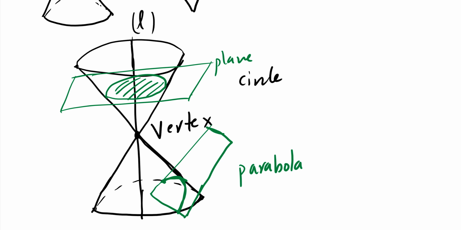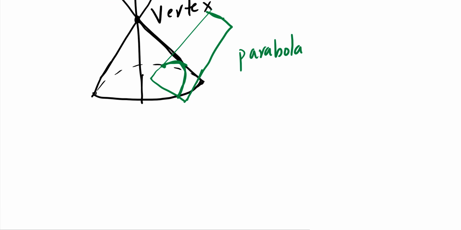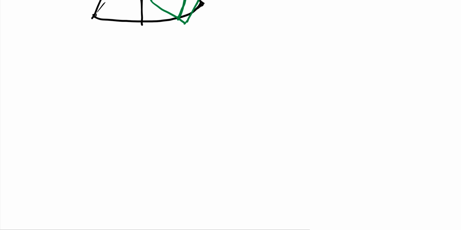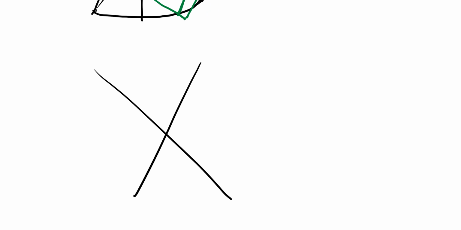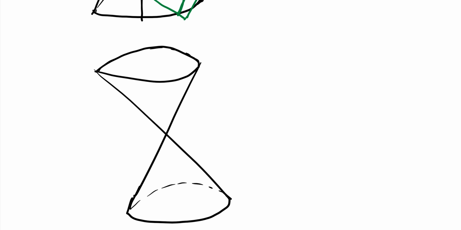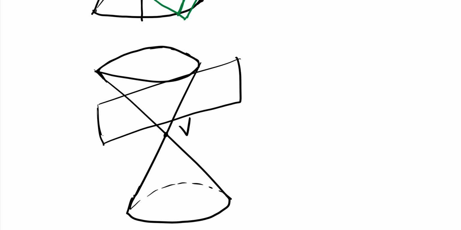Now if I draw the figure again, two lines like so, and we get the upper cone and the lower cone, vertex V, and we cut it with a tilted plane.